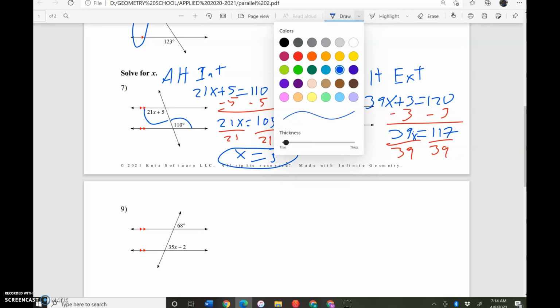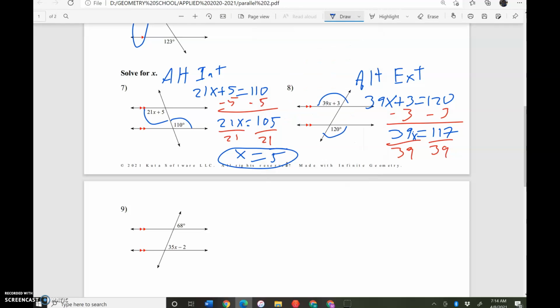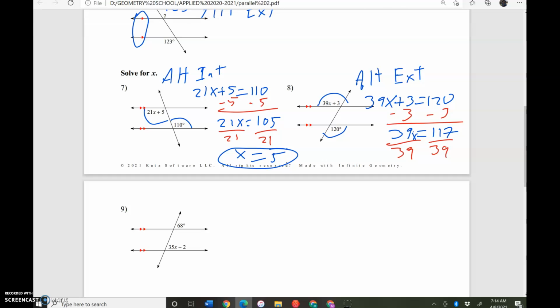So 117 divided by 39 gives me x is equal to 3. x is equal to 3.